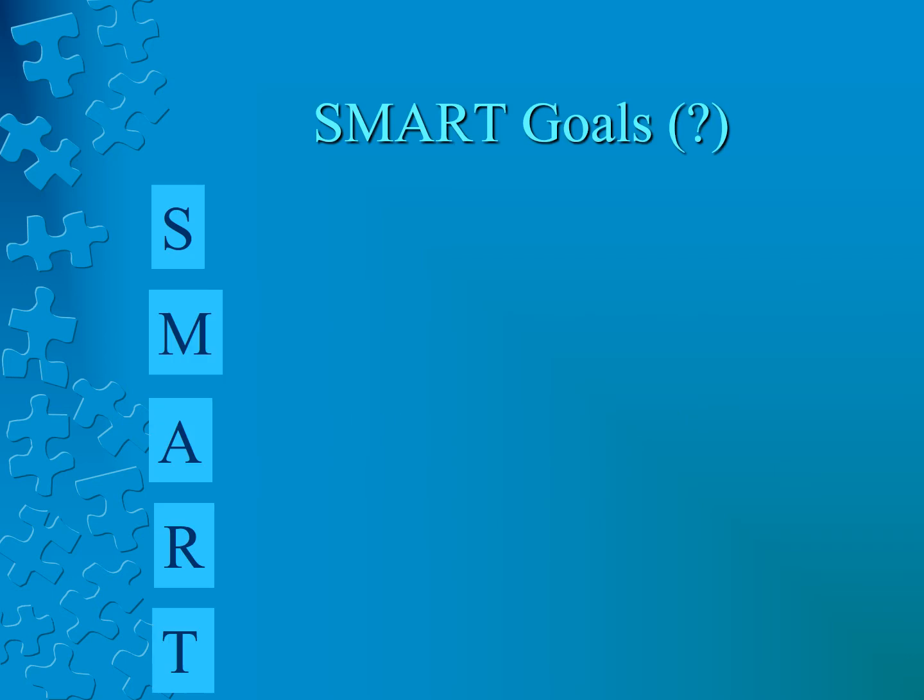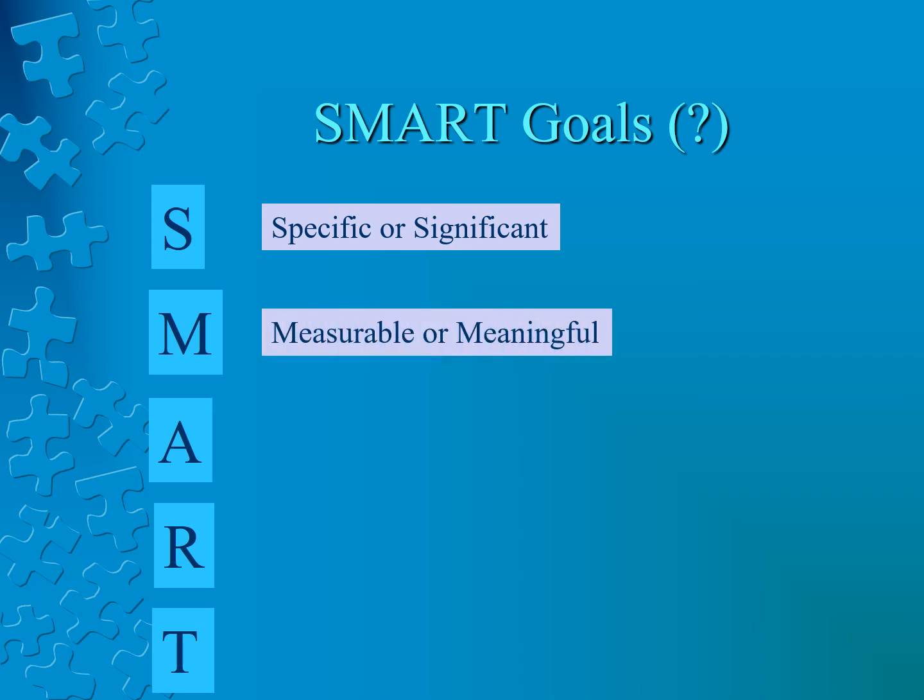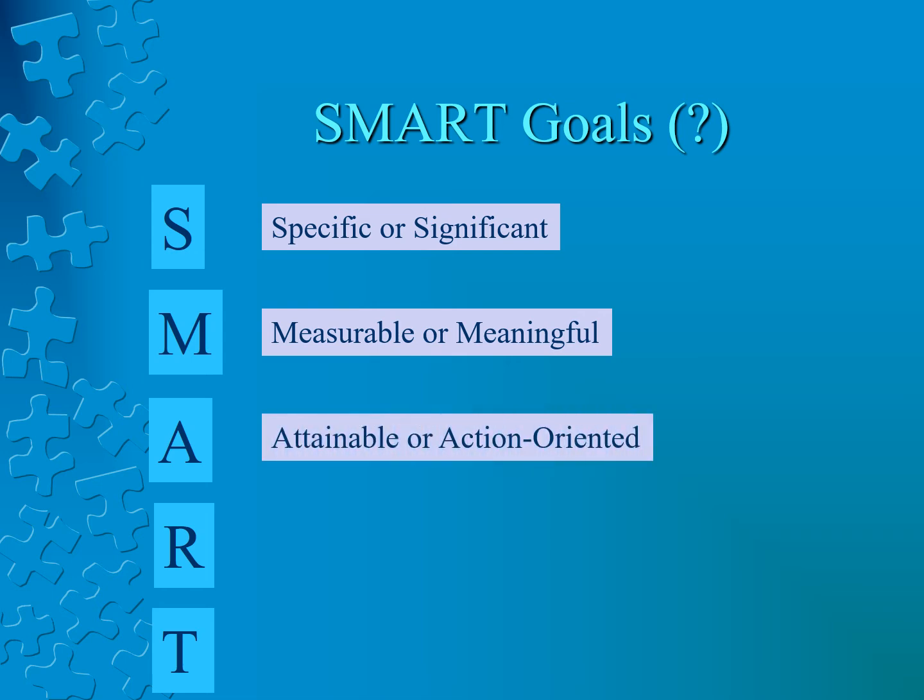So that being said, I wanted to take a moment to talk about SMART goals because depending on where you are employed as a clinician, they might use this approach, which is not different than our previous presentation when we talked about how to write goals using condition, performance, and criterion. So SMART, the S in SMART is specific or significant. The M is measurable or meaningful.